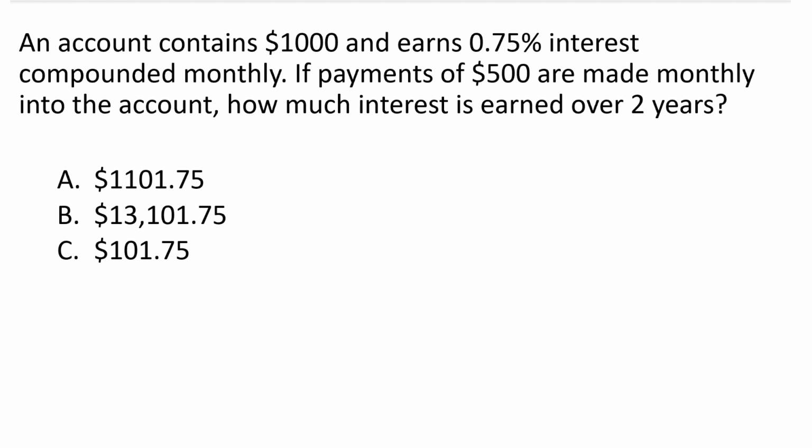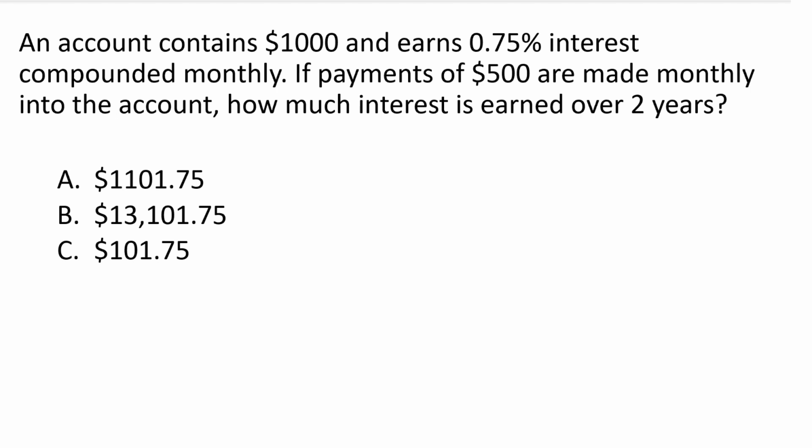Same question, but we want to know how much interest was earned over the 2 years. Again, pause the video and calculate this one. All right, what you should have ended up with is answer C, $101.75.